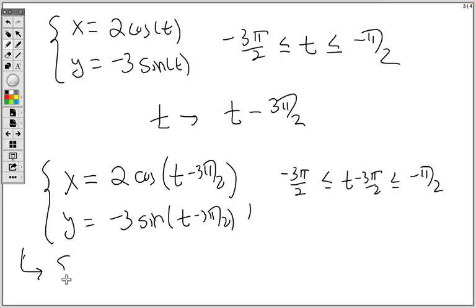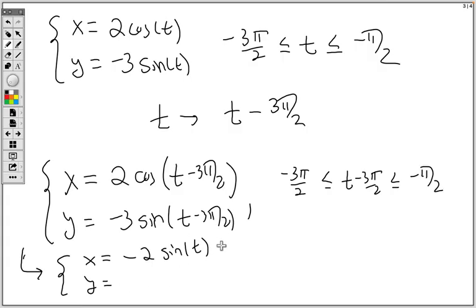So once again, we can use identities here. If I look at the sum and difference formula for cosine, we would get cosine of t times the cosine of 3 pi over 2, which is 0, plus the sine of t times the sine of 3 pi over 2, which would be negative 1. So this would end up being negative 2 sine of t.